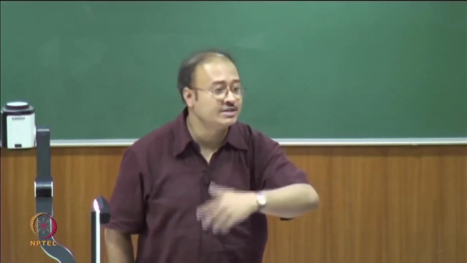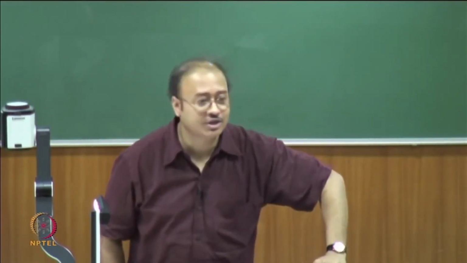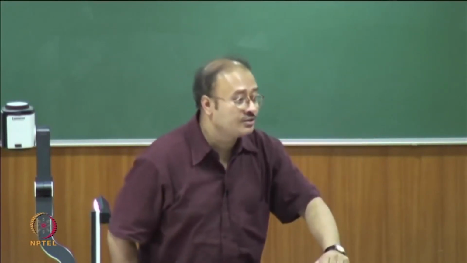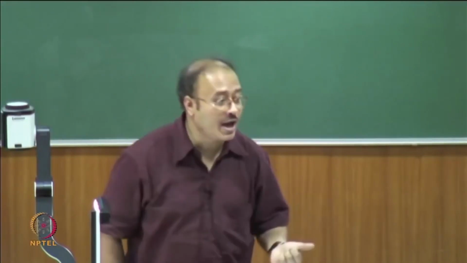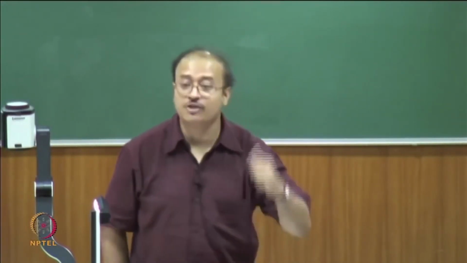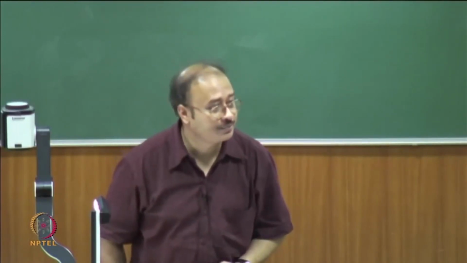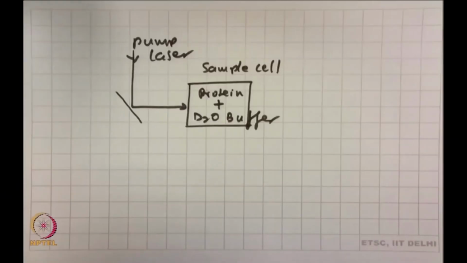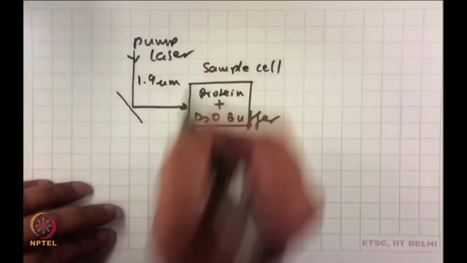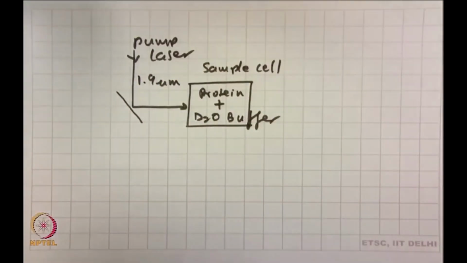Then accordingly with the density you can easily get the concentration of D2O, it would also be similar. So, the more D2O you have, the more you will be able to absorb the energy, because you have more D2O molecules, as simple as that. Now, the pump laser has a wavelength of 1.9 micron, that means 1900 nanometers.